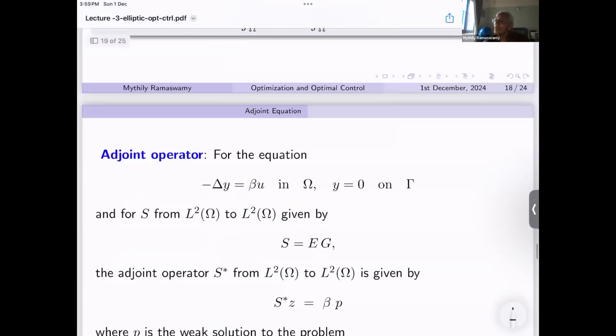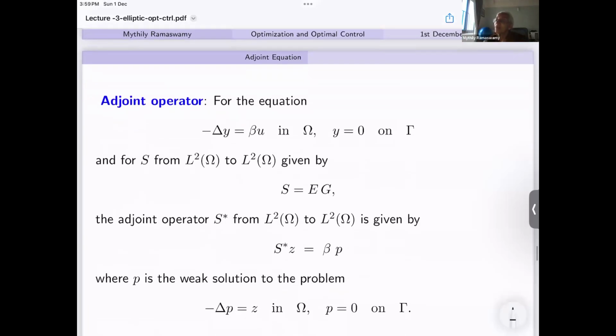I have to calculate the S star. What is S star? That is what I want.